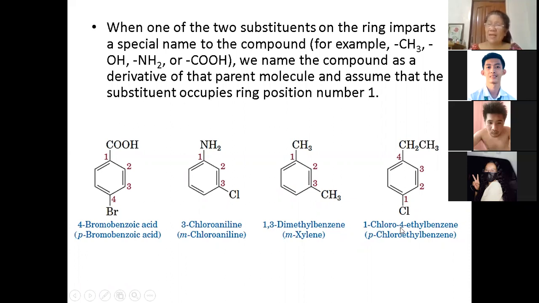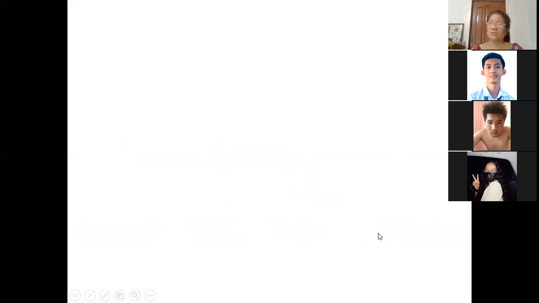Then no need to place 1. So we know that the parent name is at carbon 1. So this is 4-chloro. There is no other name for this. It should be 4-chloroethylbenzene. That is if you have 2 substituents.